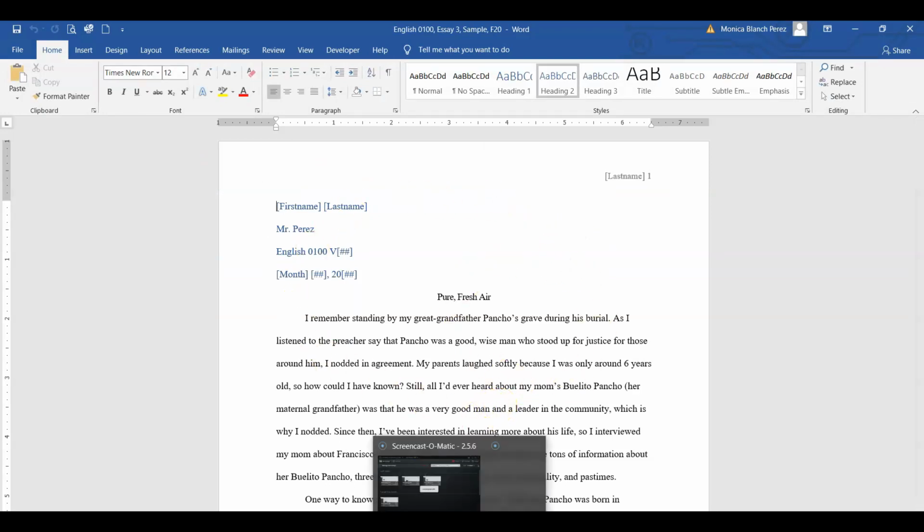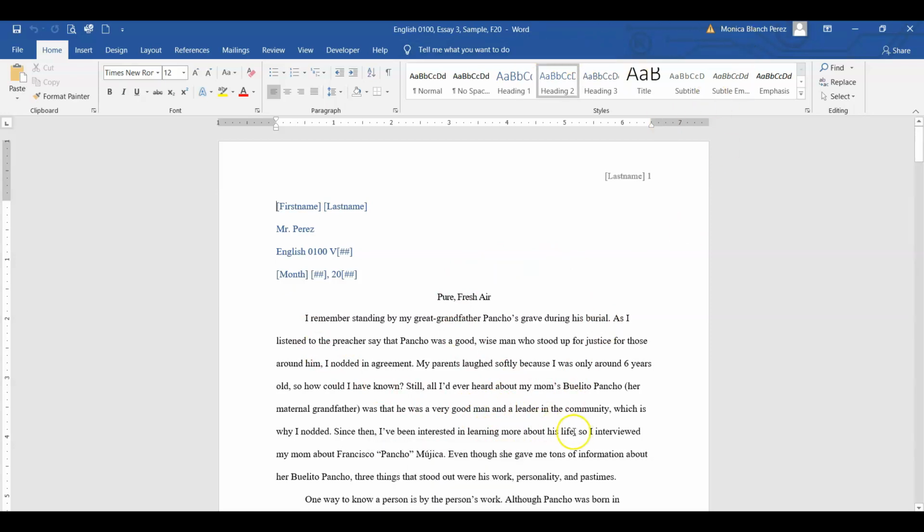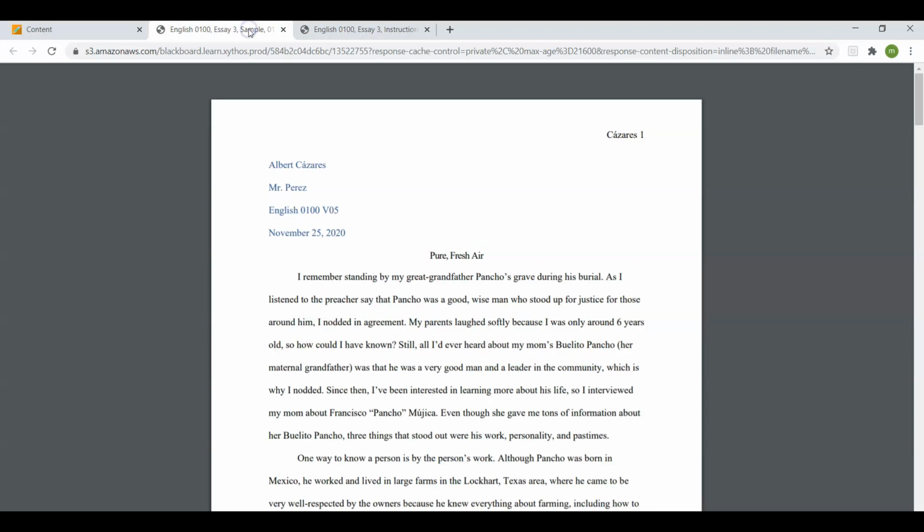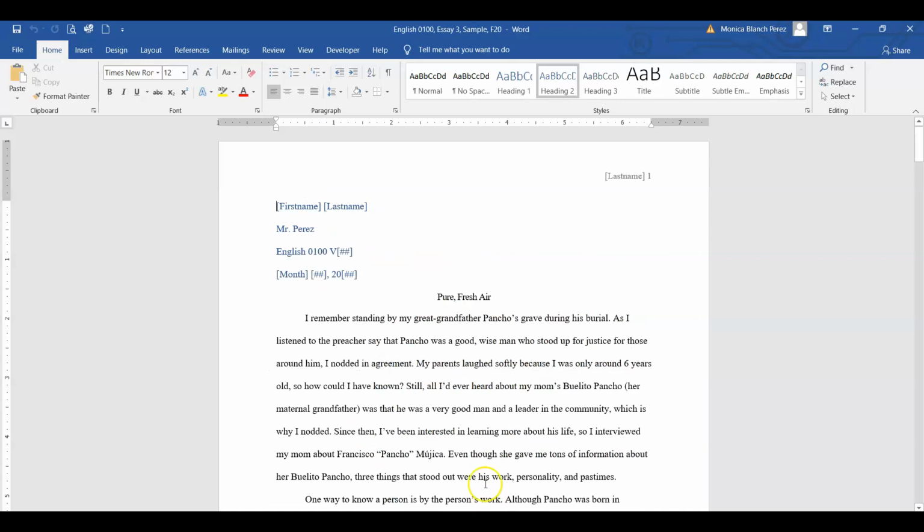In fact, if I have it as a Word document, then I don't think I need the other one. I don't need the one that's a PDF file. And this one actually is generic. It doesn't say English V05 or V06, and it doesn't have the date. But I'll be using this document to show you a couple of things.